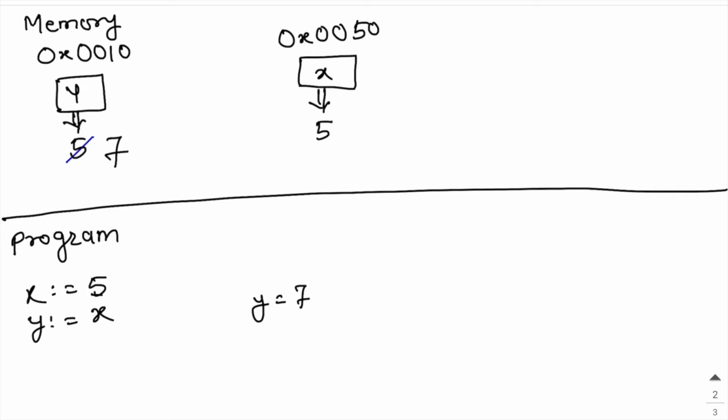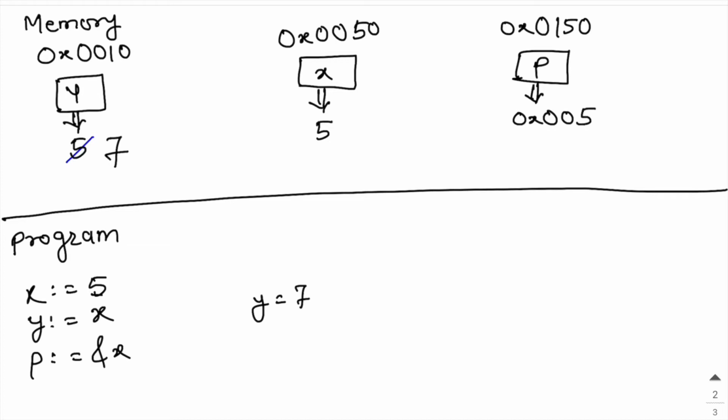So let's create a pointer and we'll assign it the reference of x, or we can call it the address of x. Now in memory, at a random location, this pointer will be created and the value of this pointer will be the address of x, not the value of x.